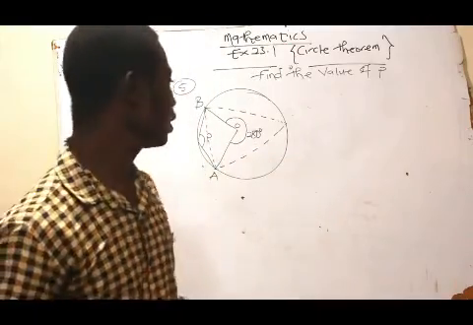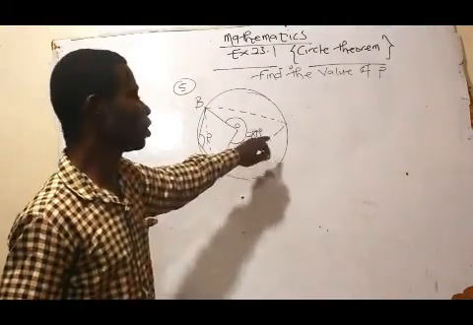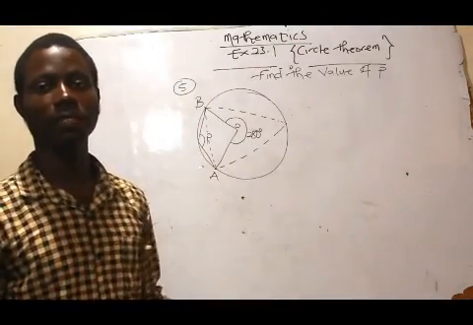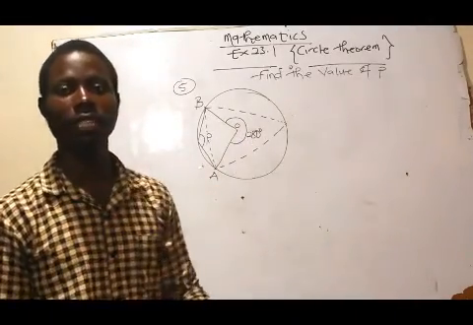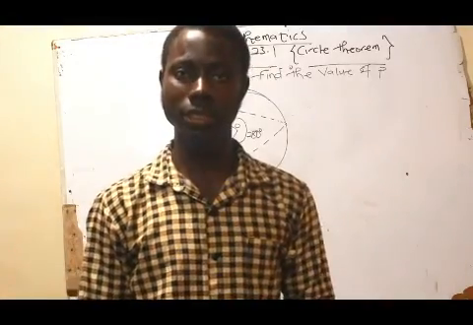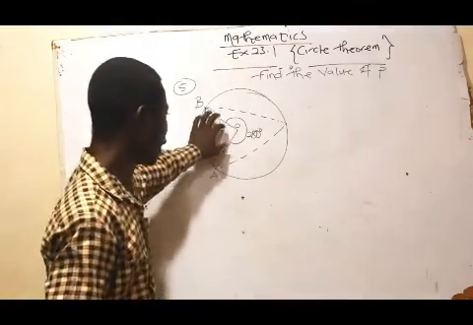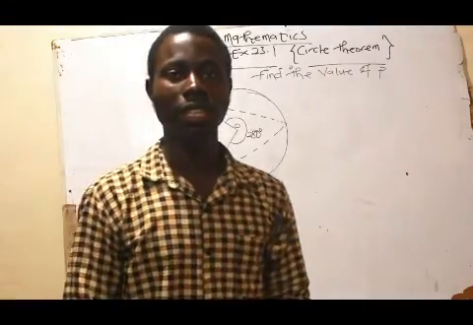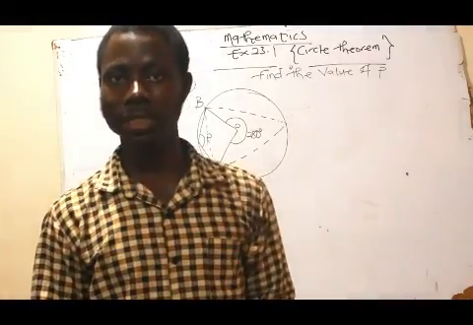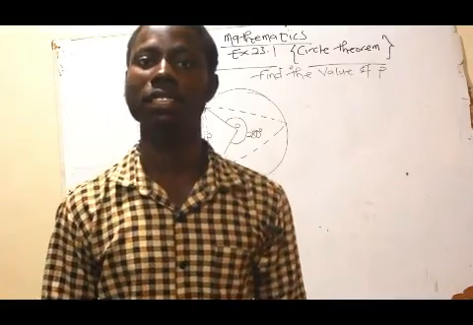We can easily deduct 280 from 360 degrees, because angles that meet at a point add up to 360 degrees. So if we are able to get this angle, we can easily use the property which says that when a chord subtends an angle at the center of a circle, it is twice the angle it subtends at the circumference.